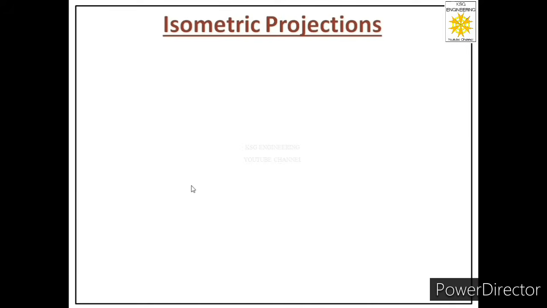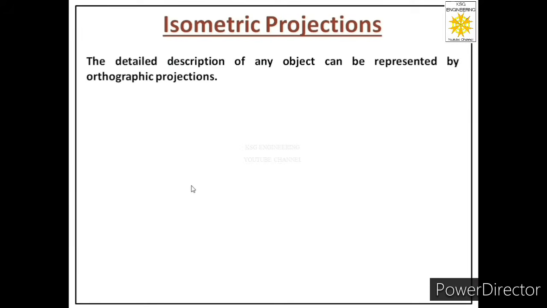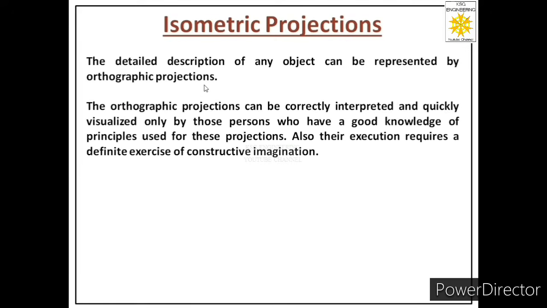Now let us summarize what we have learned in the previous slide. We have learned that the detailed description of any object can be represented by orthographic projections. The orthographic projections can be correctly interpreted and quickly visualized only by those persons who have a good knowledge of principles used for these projections.